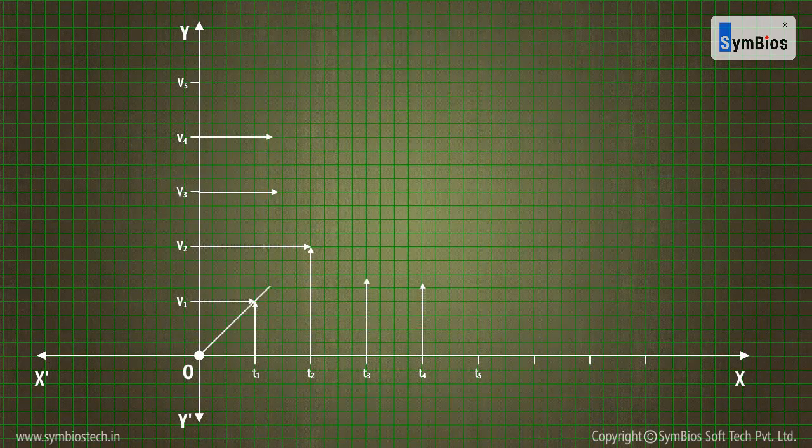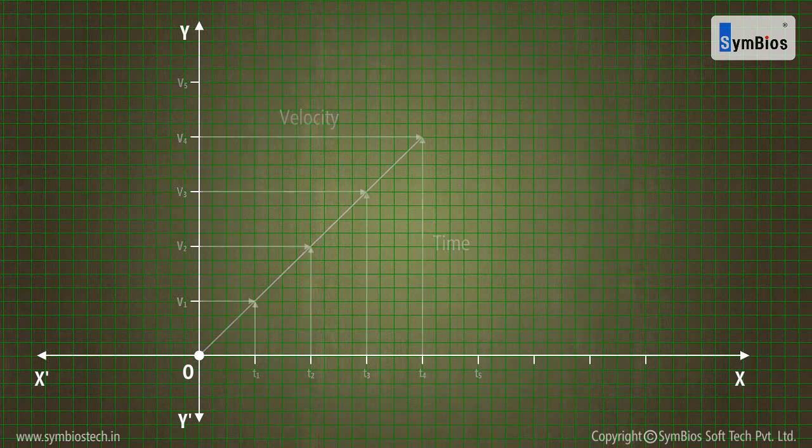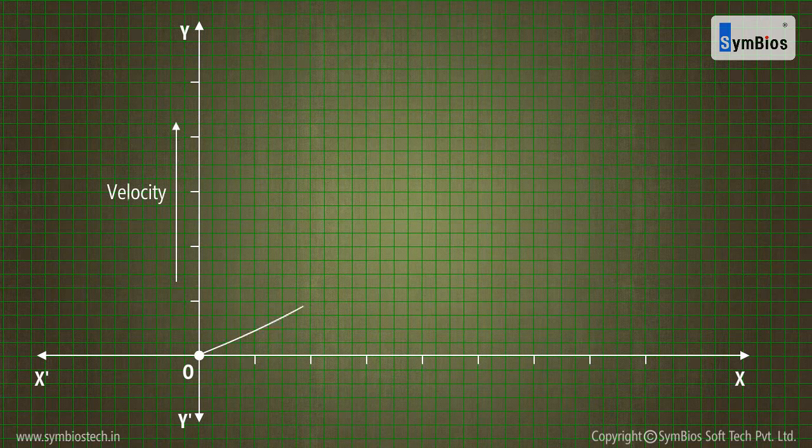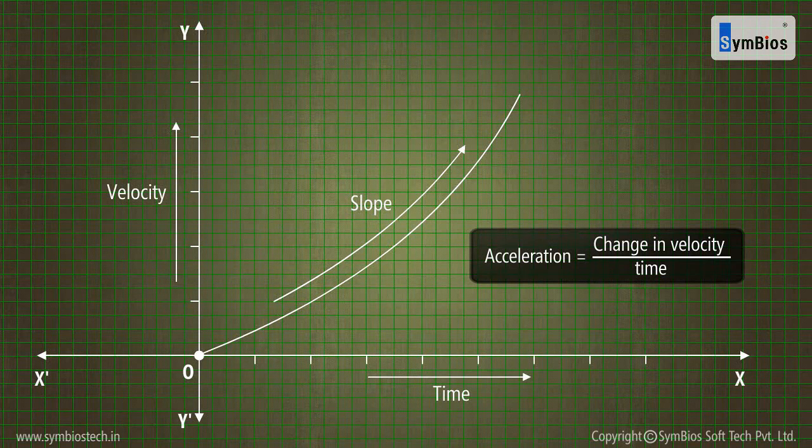Velocity time graphs represent the change in velocity with passage of time. In such graphs, velocity is plotted on the y-axis and time on the x-axis. The slope in this graph represents acceleration, as acceleration is equal to change in velocity by time.